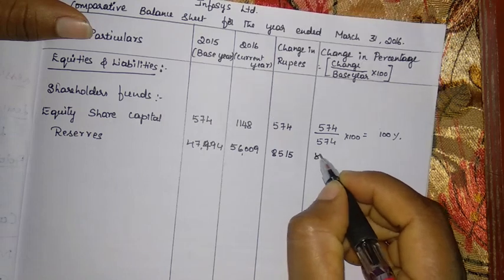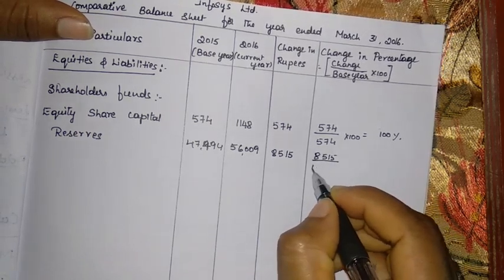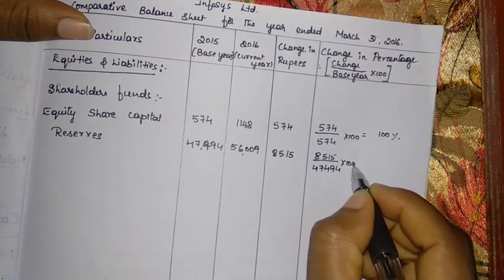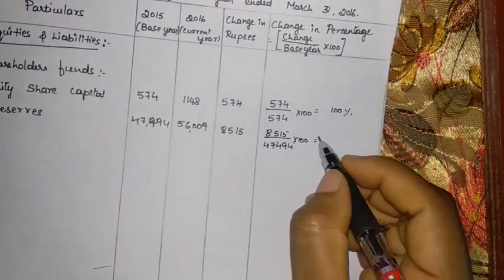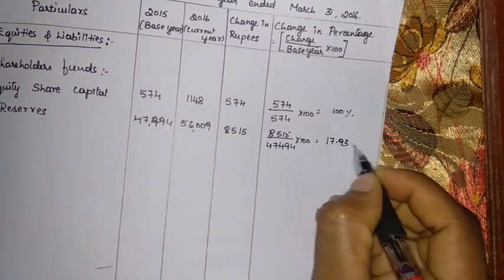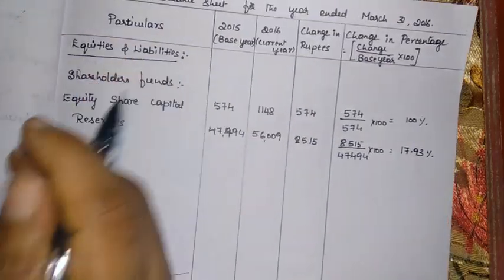Then in percentage, change divided by base year value into 100. So change in percentage is 17.93%. So we are done with the first head of equities and liabilities.